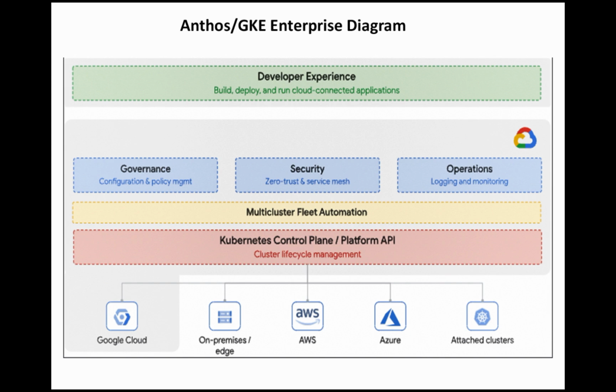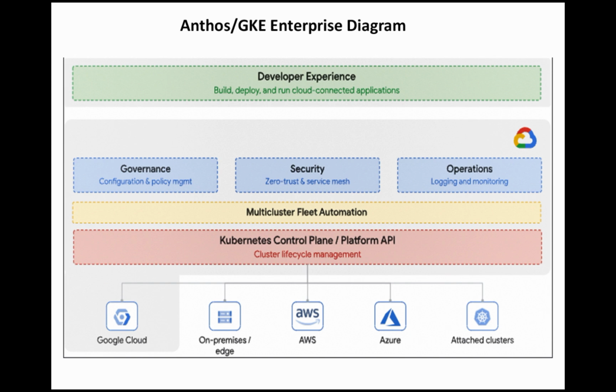I may introduce some of the terminologies which were in the Anthos naming convention. Don't get confused, because you may not find these names in the documentation, but if you do a Google search for the definitions of these components, you will be redirected.